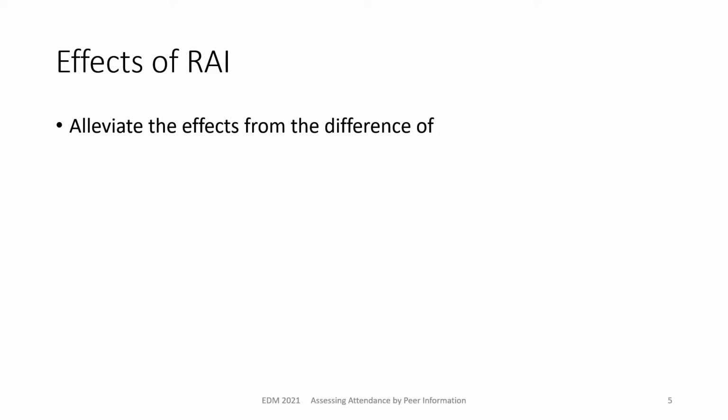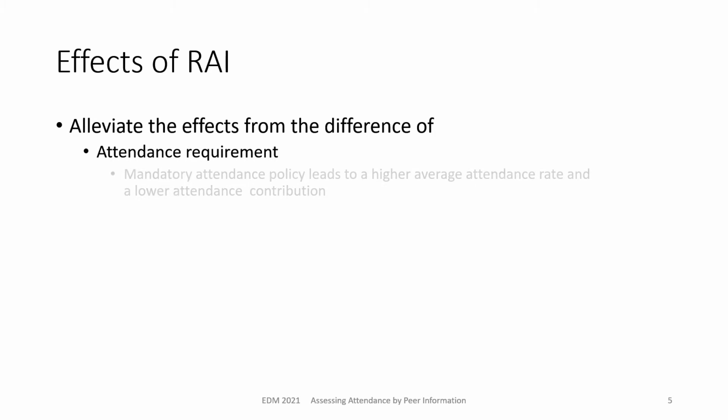The new attendance measurement can alleviate the effects of the problems we mentioned before. For courses with mandatory attendance requirements, their attendance rates are high, so that students' attendance contributions are low, which will lower their RAI values, and this is fair.